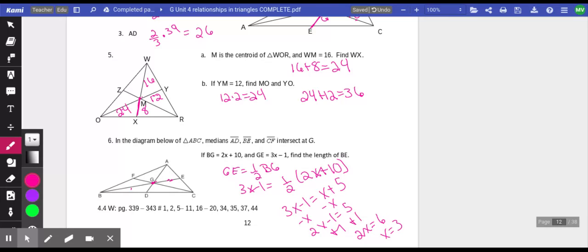So if x equals 3, that means GE equals 3 times 3 minus 1, which is 8. And that means BG is 16. So then the whole thing, BE, is 24.